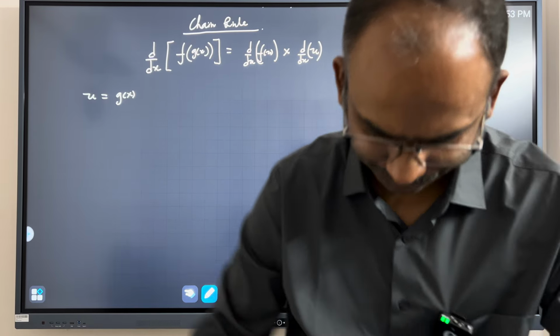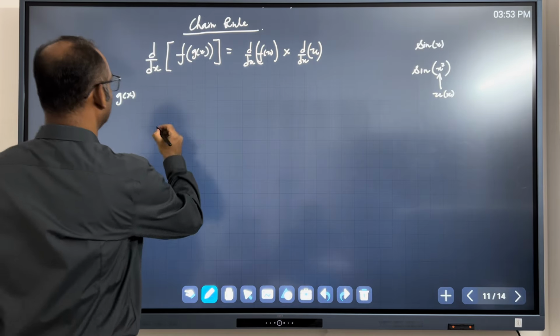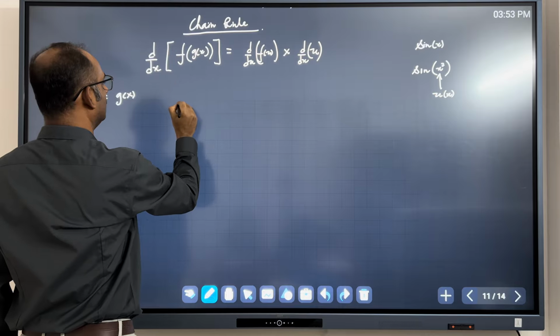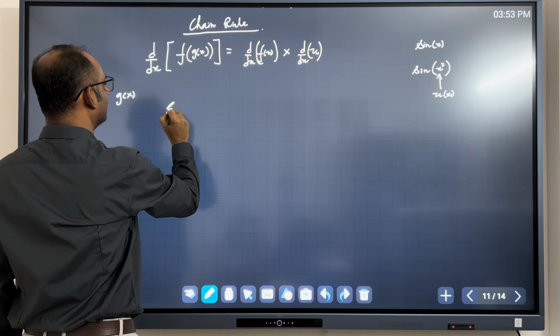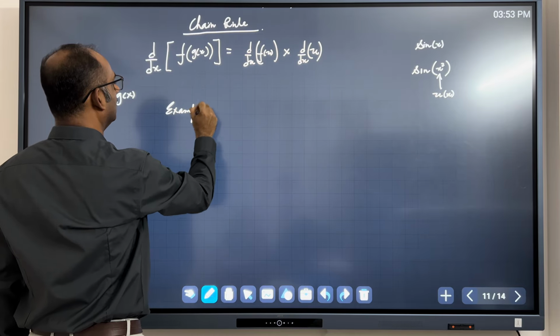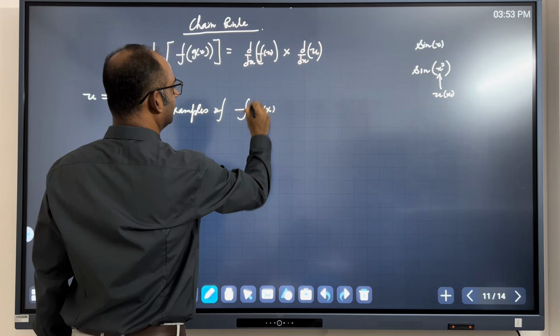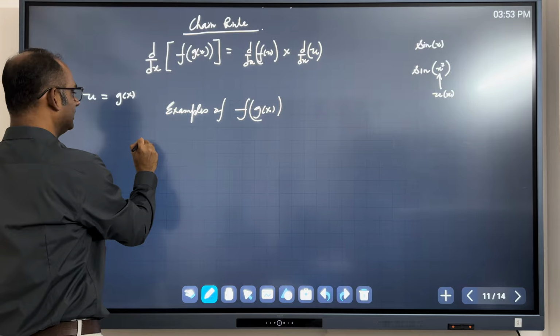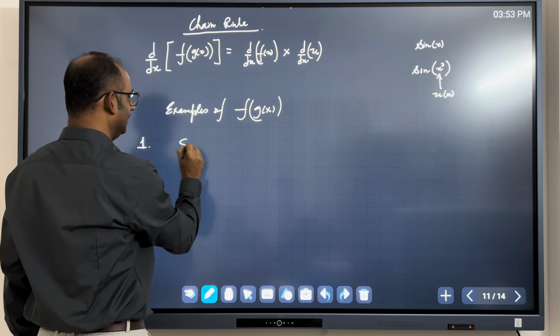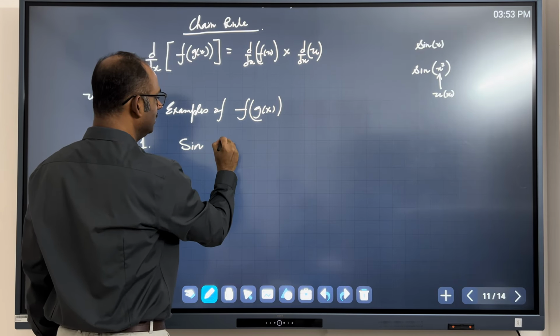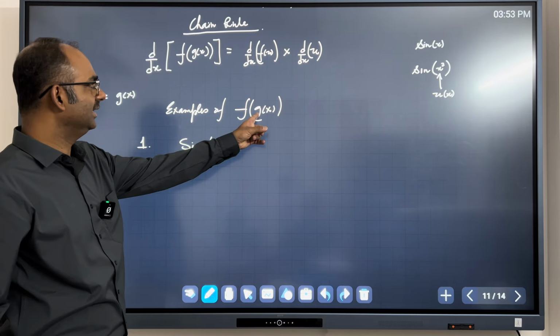So first let me give you some examples of these composite functions. So a few examples here. You can have sine of x cube, right? So your g is a function of x.